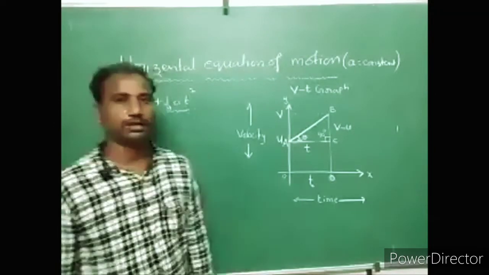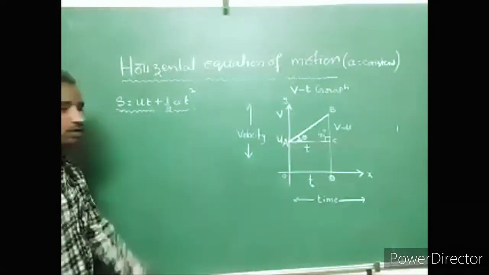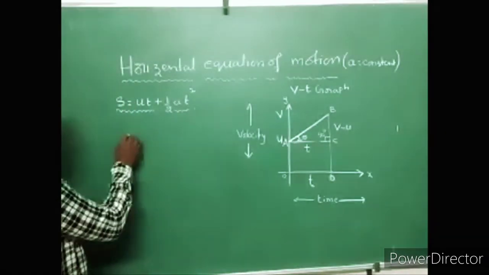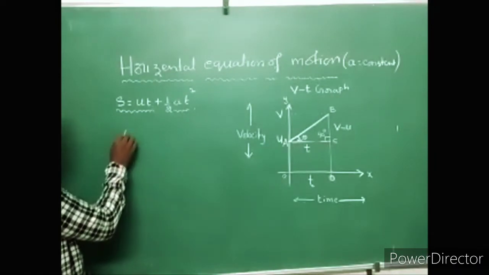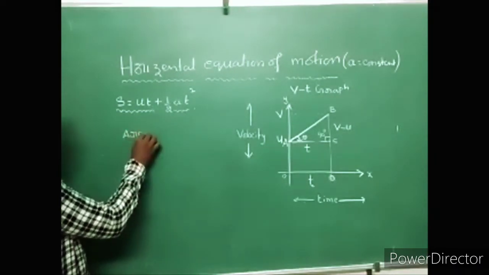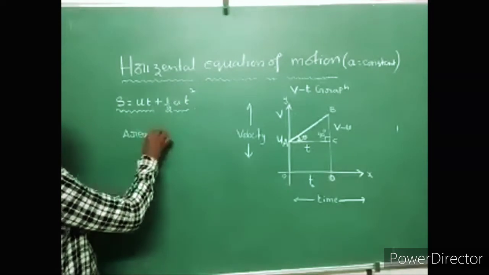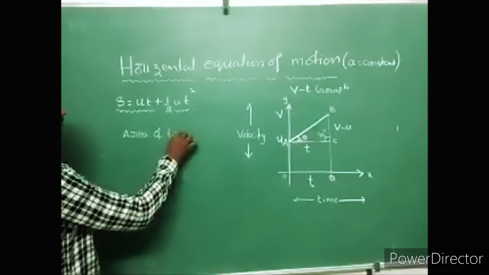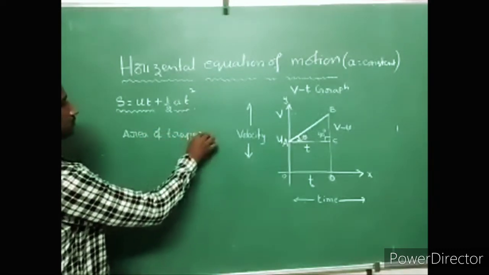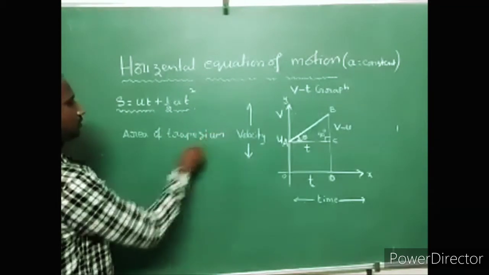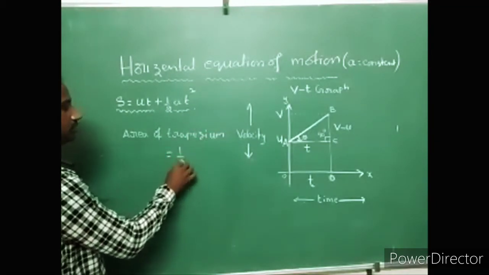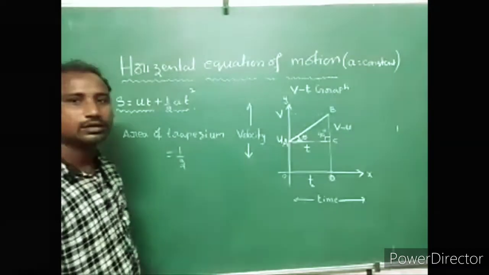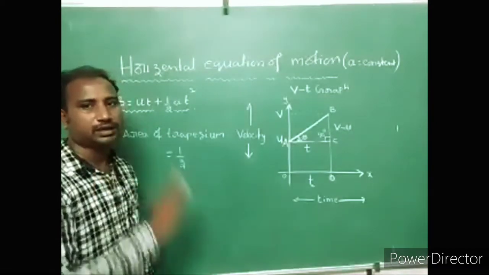We have to find the formula for area of trapezium. What is that formula? Area of trapezium is 1/2 into sum of parallel sides.